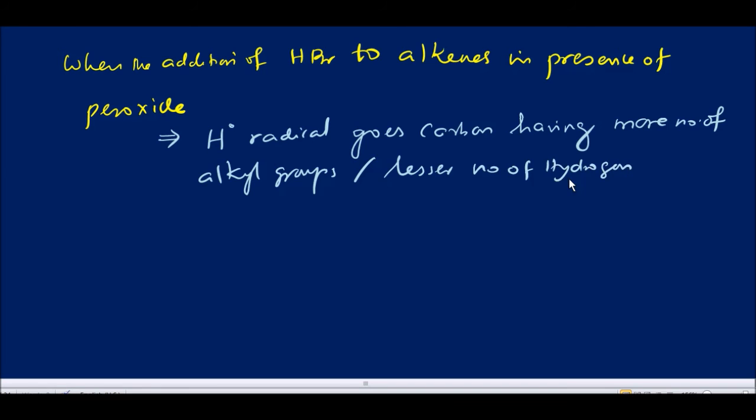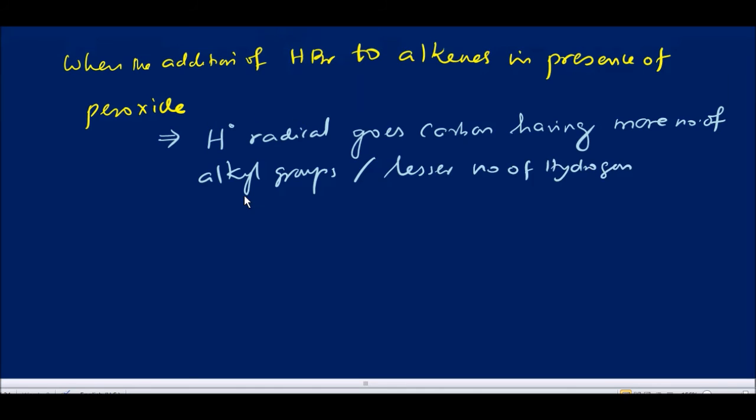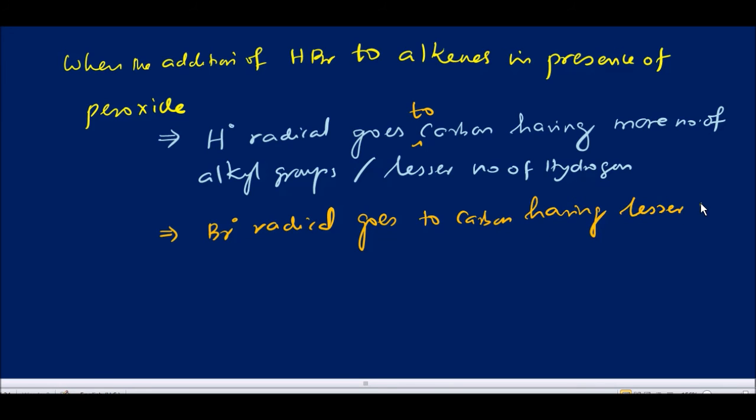In contrast, the Br radical, the bromo radical, goes to the carbon having fewer alkyl groups, or more hydrogen atoms.